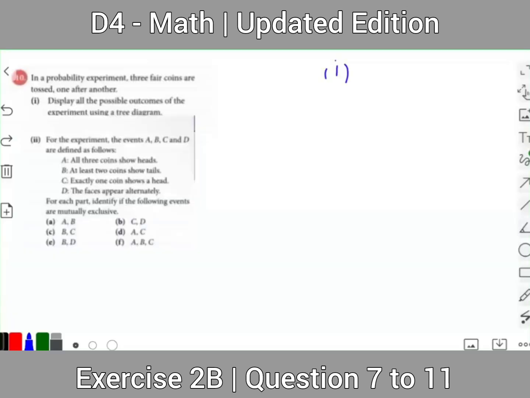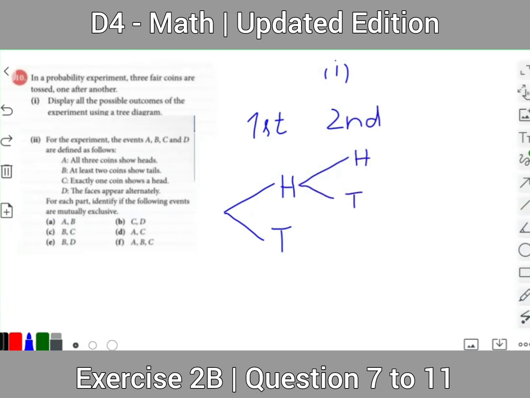Now in question 10, in a probability experiment, 3 fair coins are tossed, one after another. First we will have to display the possible outcomes of the experiment using a tree diagram. For the first coin, we have two outcomes, head and tail. Now for the second coin, we have head and tail, head and tail.